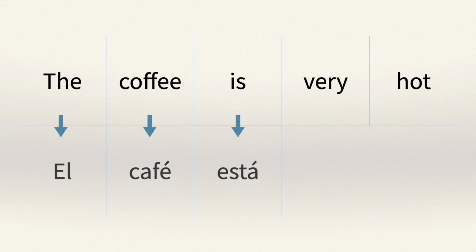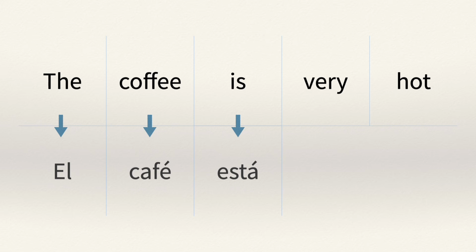El café está. A good way to remember ser versus estar is that ser is more permanent and estar can change. Because the coffee can certainly get cold, it's not a permanent state, so we use está. It doesn't always work like that, but it's a good rule to get you started.